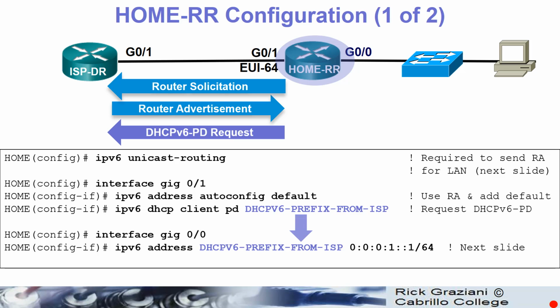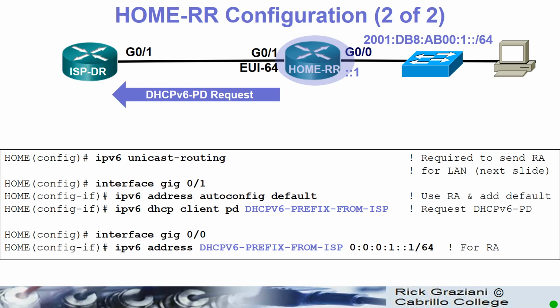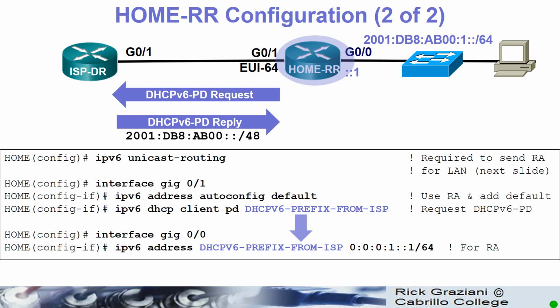Here they're going to match up. Part of that request is going to go to the pool on our LAN side. The reply will actually include the DHCP pool options.